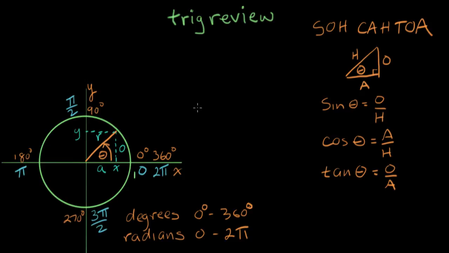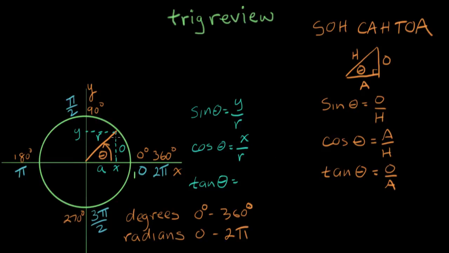These will be some number depending on the tilt of this line here. So the sine of theta is equal to, let's look at our definition, opposite over hypotenuse. Opposite is y over the hypotenuse, which is r. Cosine of theta is adjacent over hypotenuse. Adjacent is the x distance, and the hypotenuse is r. And the tangent of theta equals opposite over adjacent.